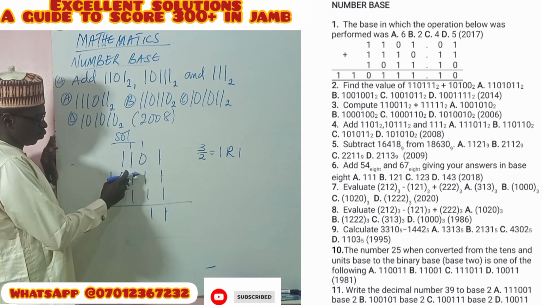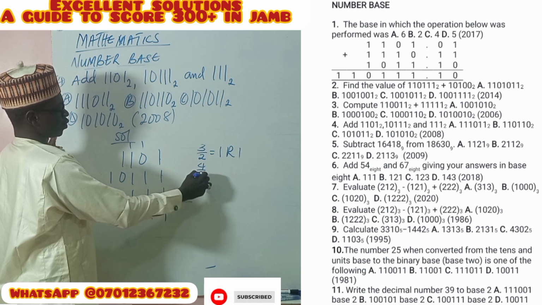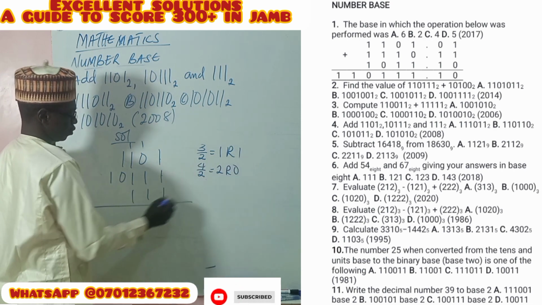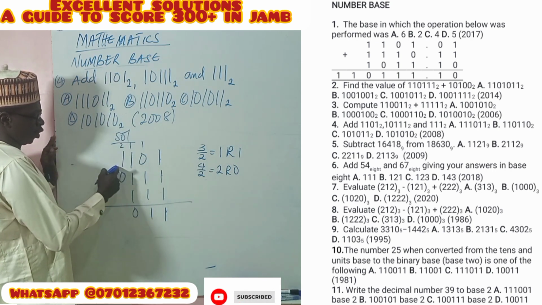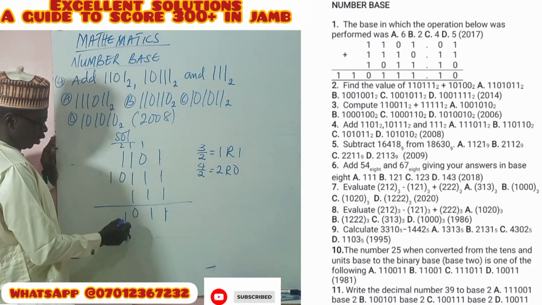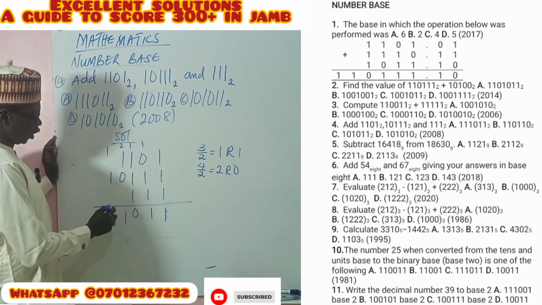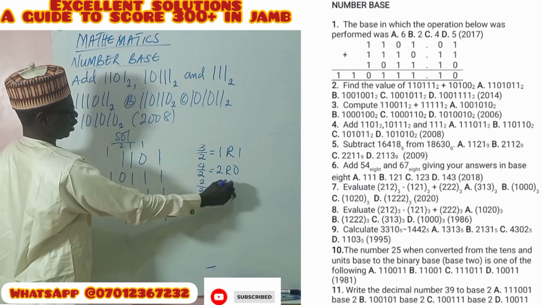1 plus 1 plus 1 plus 1, we have 4. 4 in base 2 is the same as 4 over 2, which is 2 remainder 0. So we put 0 here and carry this 2 here. So 2 plus 1 is 3. 3 in base 2 is 1 remainder 1. We put 1 and carry this 1 here. 1 plus 1 is 2. 2 divided by 2 you have 1 remainder 0.